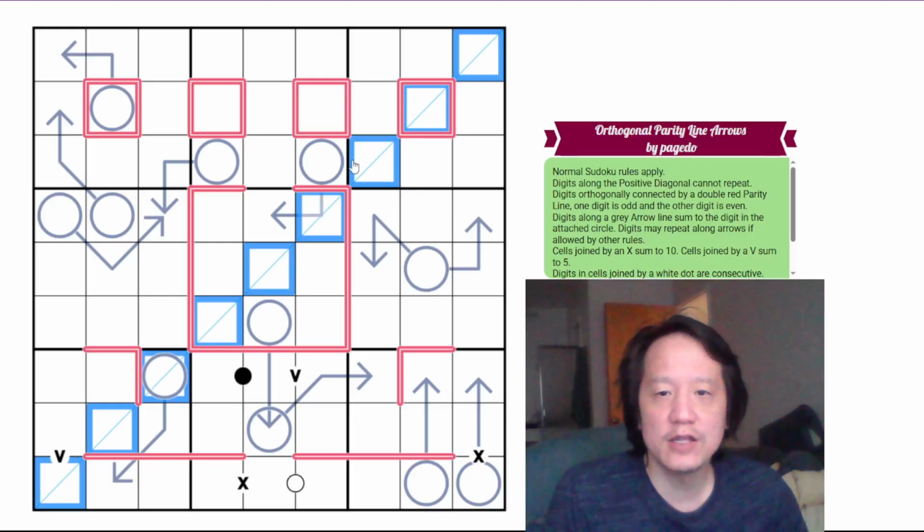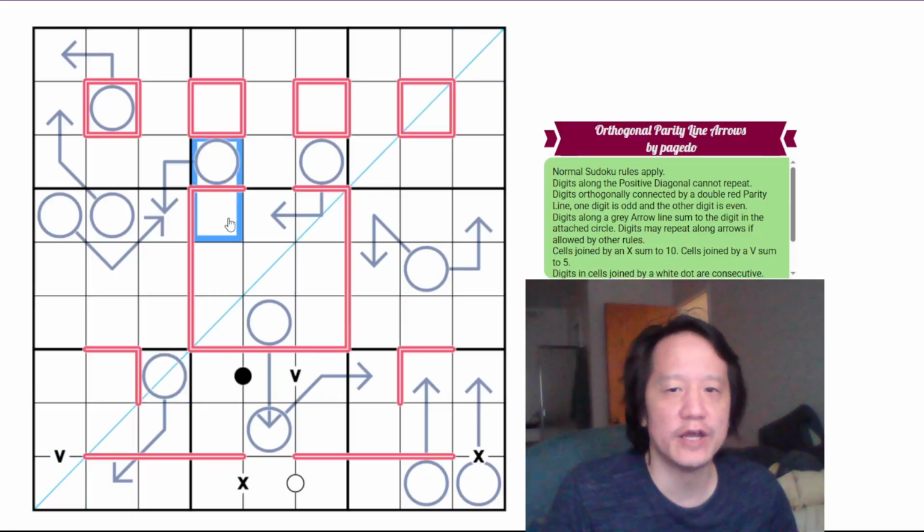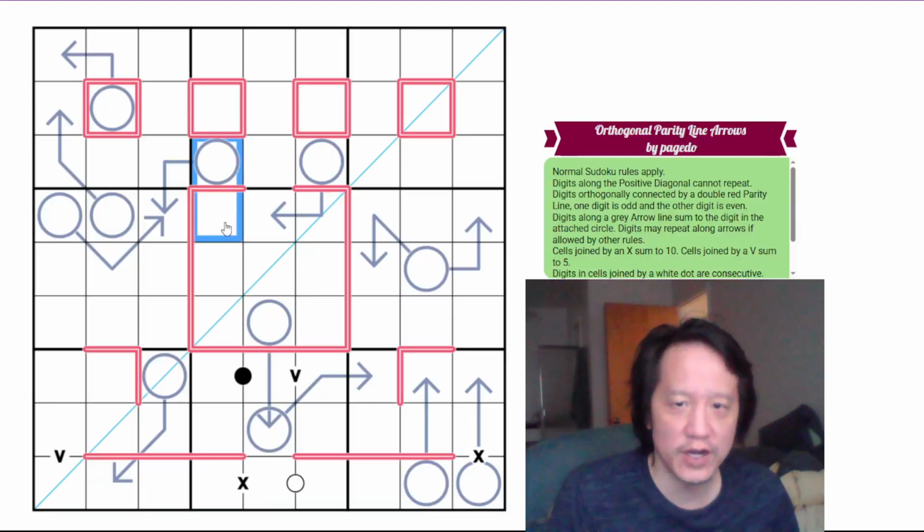Digits orthogonally connected by a double red parity line, one digit is odd and the other digit is even. So what does it mean by orthogonally connected? It means that they share an edge by the double red parity line, right? So that means these two cells share an edge along this orthogonal parity line.